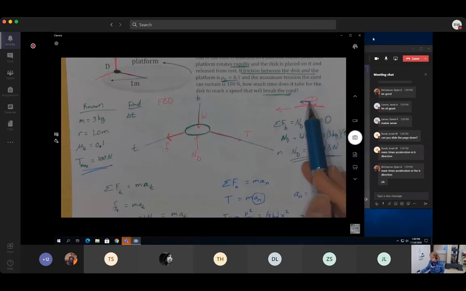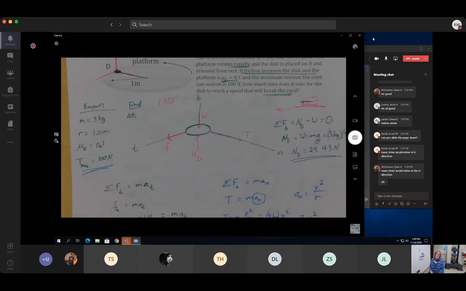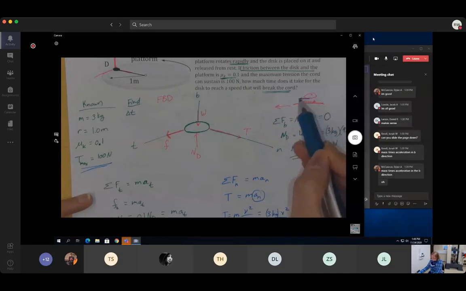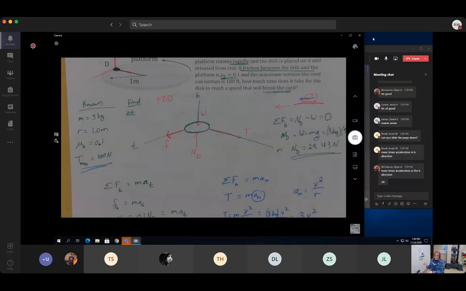We determined that the friction is actually moving in the same direction as the platform is moving, because the friction from the disc on the platform will oppose the motion of the platform. And so the friction force on the disc has to be equal and opposite to that, because it's going to be kind of picking up that disc and carrying it along with it.